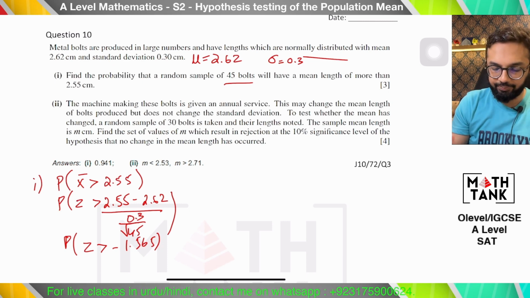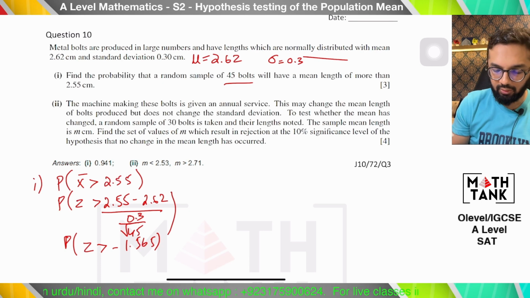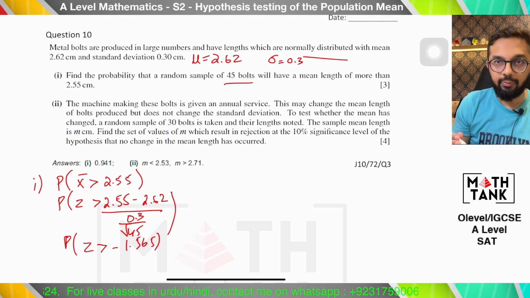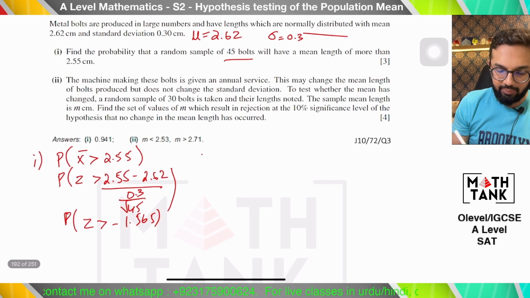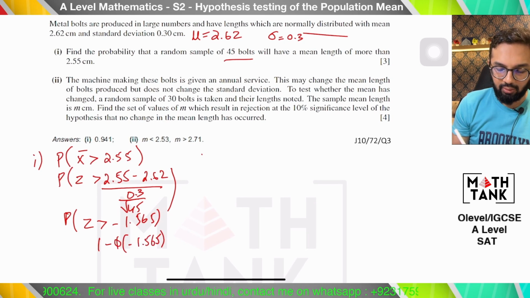Okay, then let's calculate the probability. It's 1 minus phi of that. So 1 minus phi of minus 1.565.